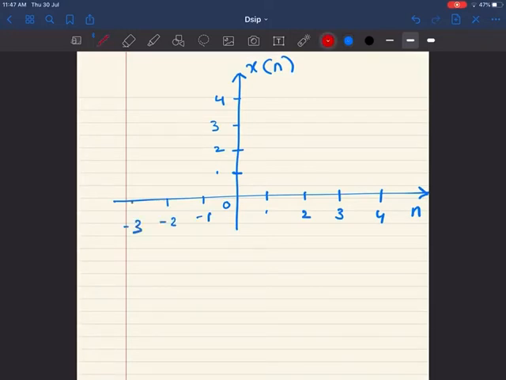Now I am going to draw my original signal. The original signal looks something like this. At 0, my value is 3. At minus 2, this is 1, and at 1, it's 4. So this is my original signal.